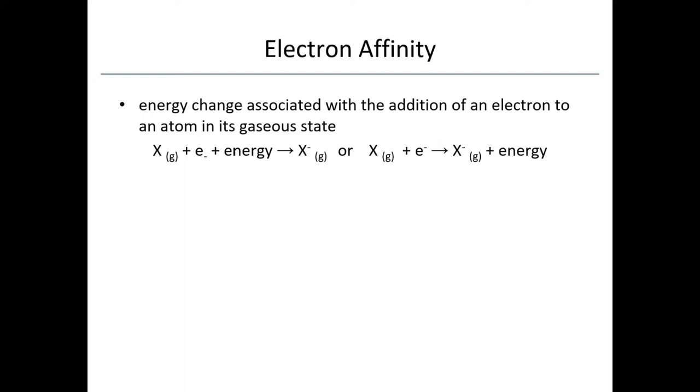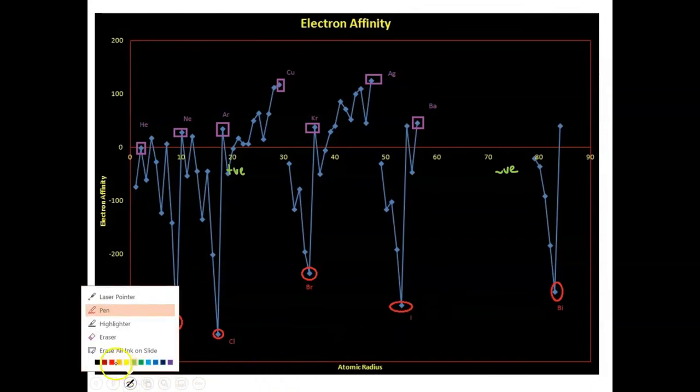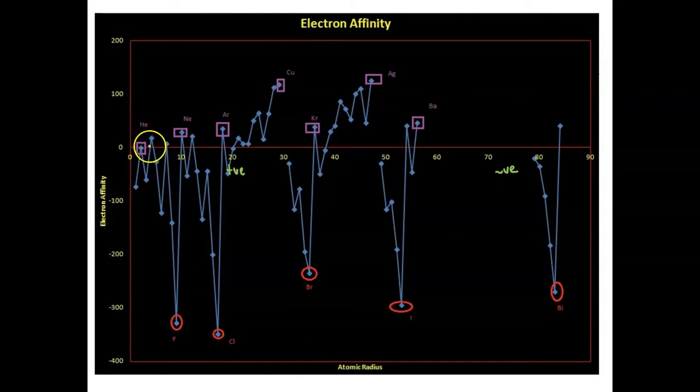Now, when we're adding energy, this is a positive value, whereas if we lose energy, give off energy, it'll be a negative value. So if we look at our trend, we can see that as we go across a period in general, my electron affinity becomes more negative, or I give off more energy.